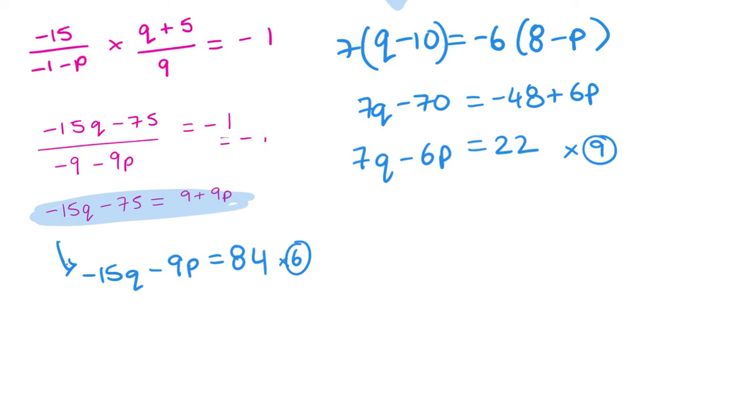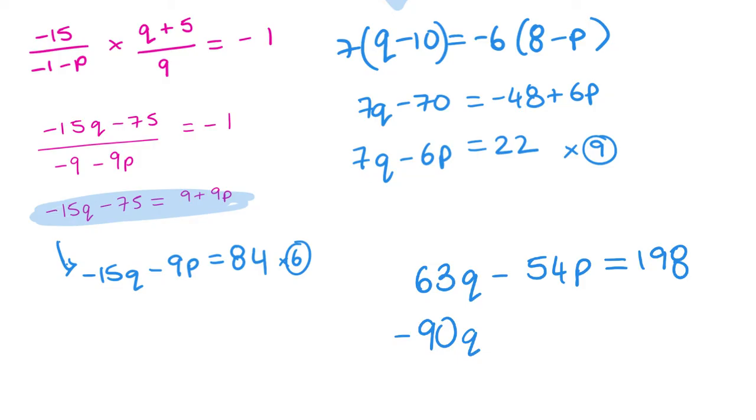So, 7 times 9, 63q minus 54p, 22 times 9, equals 198, okay? Then, minus 15 times 6, oh my brain's not working today. Minus 90q minus 54p equals 84 times 6, 504.